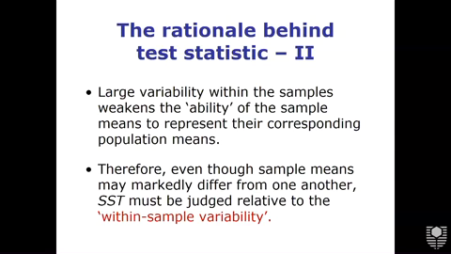Therefore, even though sample means may markedly differ from one another, SST must be judged relative to the variation within the samples. This will also be part of your Excel summary output.